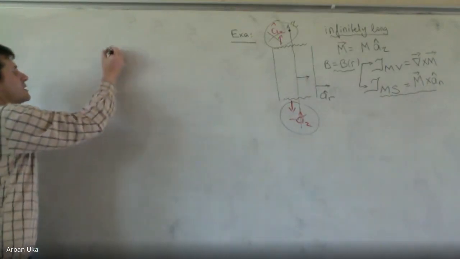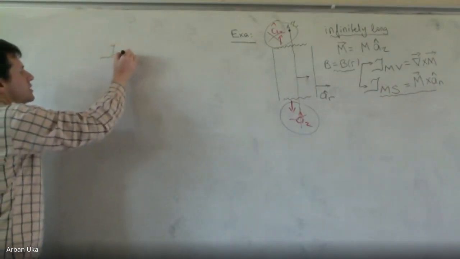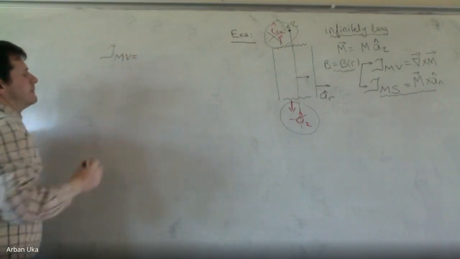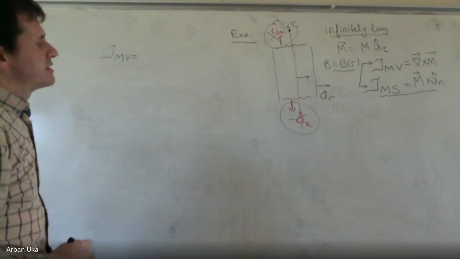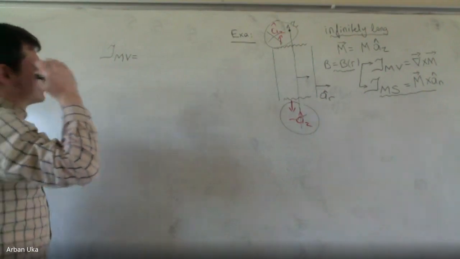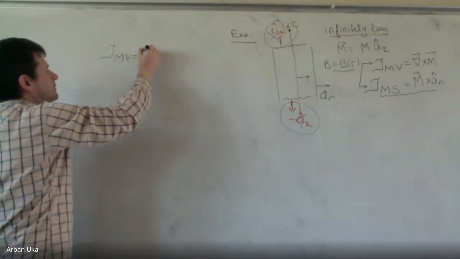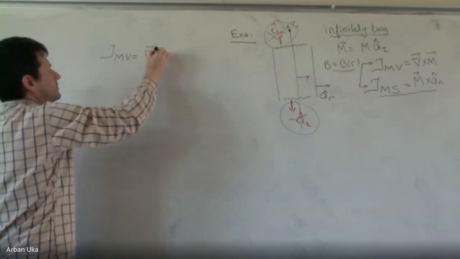But now, what is the J because of the magnetization over the volume? We have to consider the space derivative of the magnetization. Now, what is this?